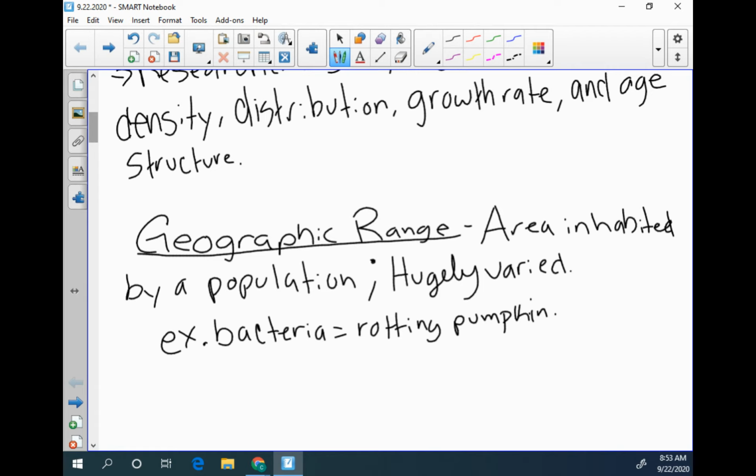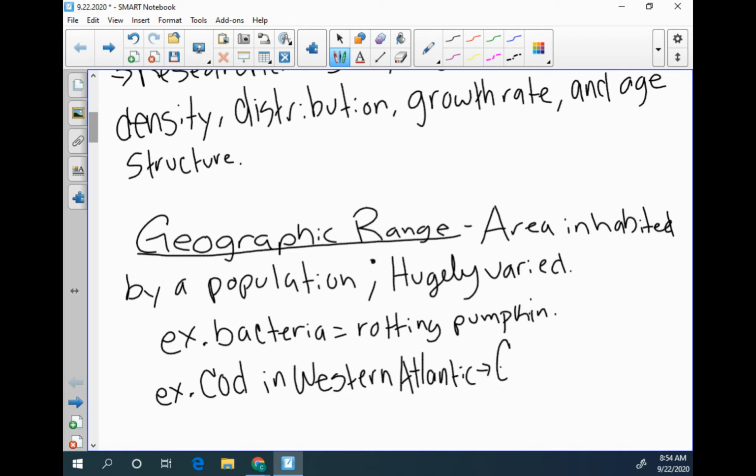Or if we look at the population of cod, a type of fish in the Western Atlantic, that could stretch from Greenland to North Carolina.